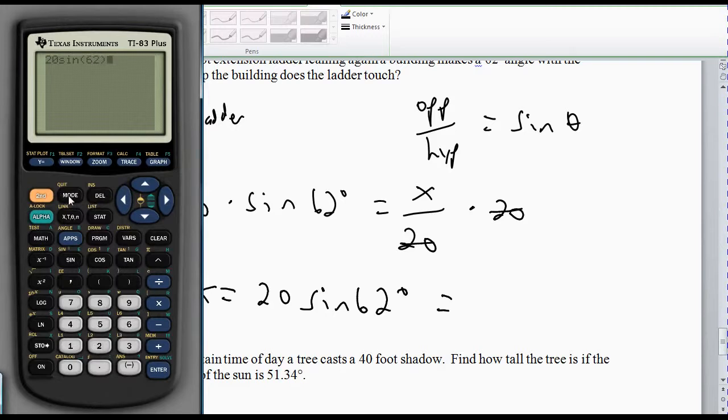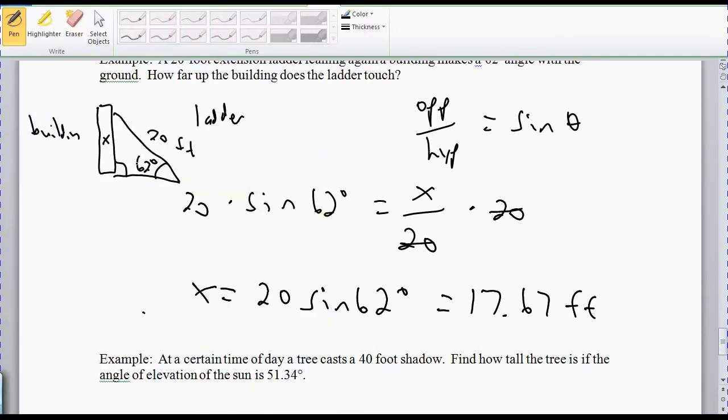Since it is in degrees, I have to make sure that my mode is correct. Now it is. Enter. And we get about 17.67 feet.